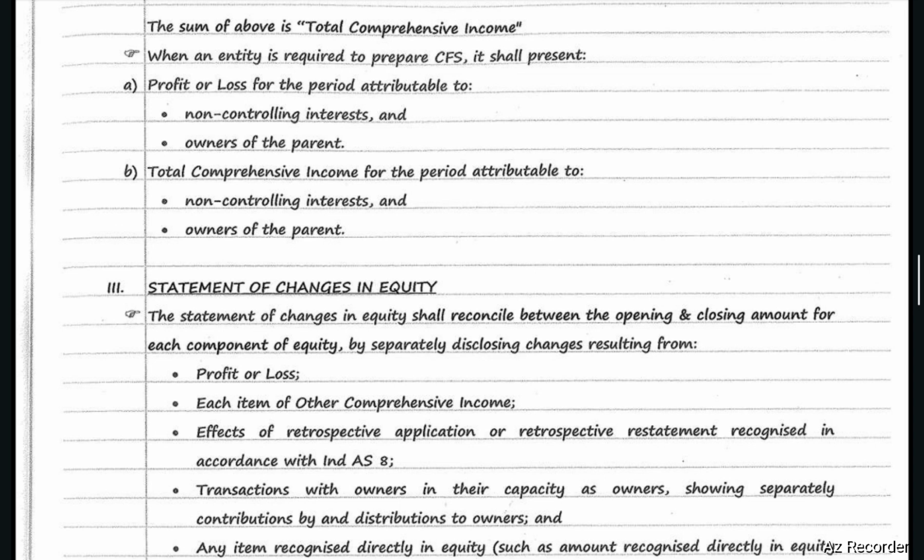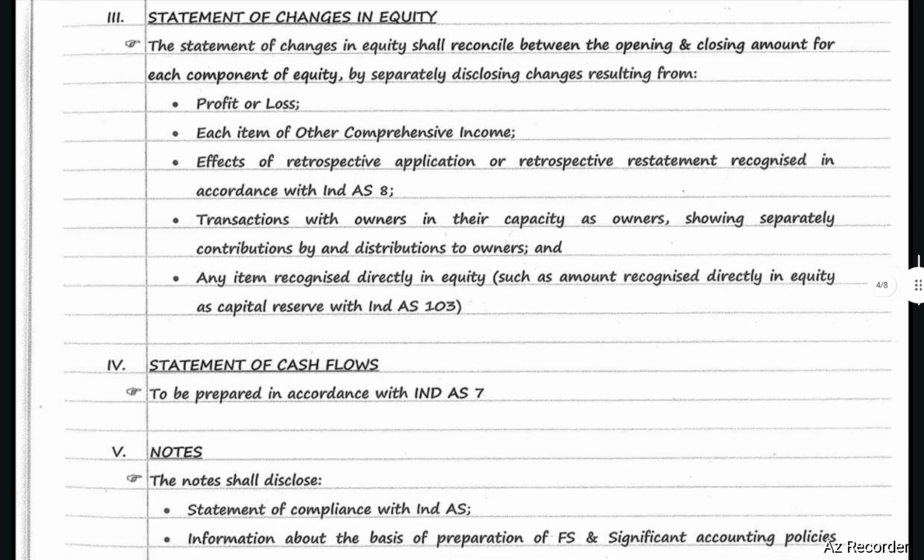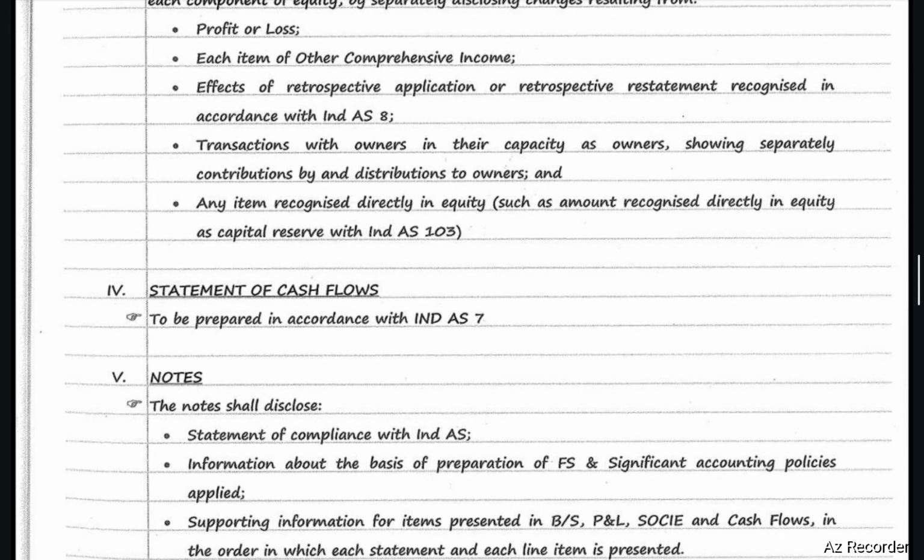Next, statement of changes in equity. Statement of changes in equity shall reconcile between opening amount and closing amount for each component of equity by separately disclosing changes resulting from profit or loss, each item of other comprehensive income, effect of retrospective application or retrospective restatement recognized in accordance with Ind AS 8, transactions with owners in their capacity as owners, showing separately contributions by and distributions to the owners, and any item recognized directly in equity, such as amount recognized directly in equity as capital reserve as per Ind AS 103.